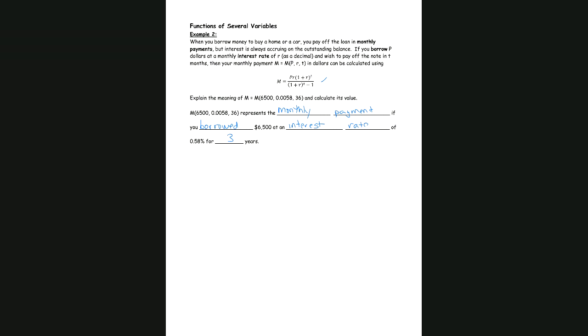Again, show the substitution. I can also, if I wanted to here, go ahead and add that 1 in. Remember, it's for the months, 36 months we use, not the 3, divided by 1 plus 0.0058, raised again to the 36th power minus 1.